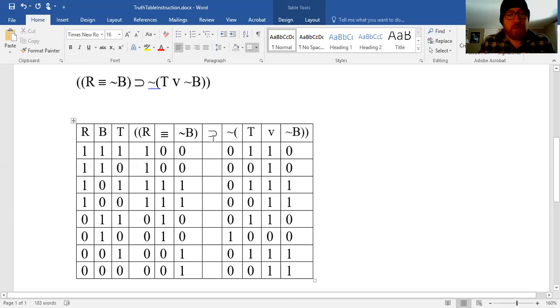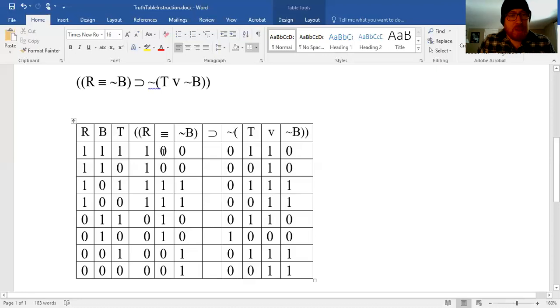Remember the shortcut: the only time that a horseshoe is false is when the antecedent is true and the consequent is false. The triple bar is the antecedent of this conditional, and the tilde is the consequent. This whole thing is a conditional statement. So compare the triple bar to the tilde.